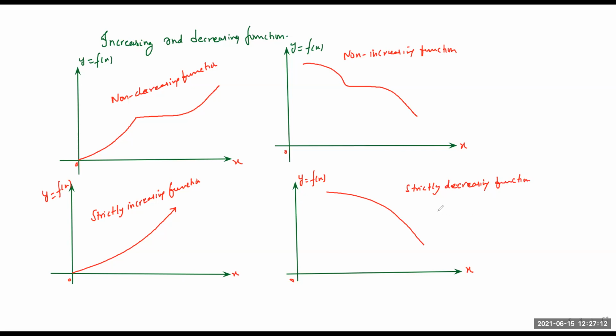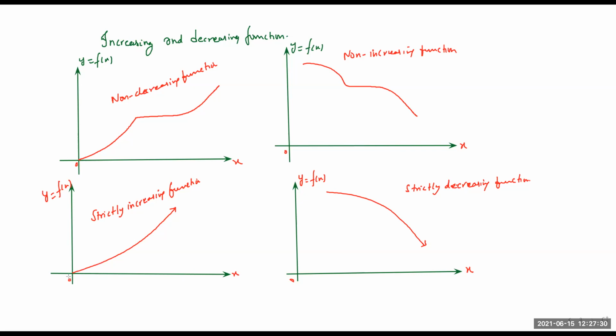Now, what is interesting? In case of a strictly decreasing or strictly increasing function, one thing is very obvious, and that is the tangent. You should look at the tangent of the increasing function.